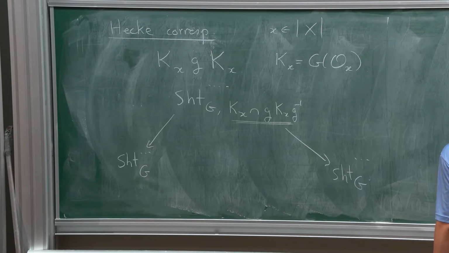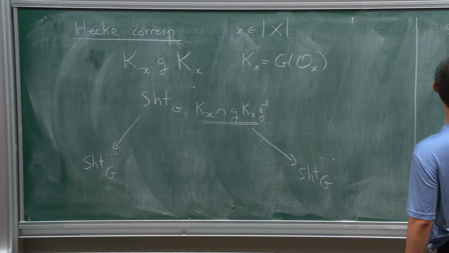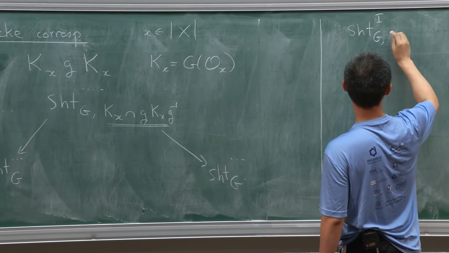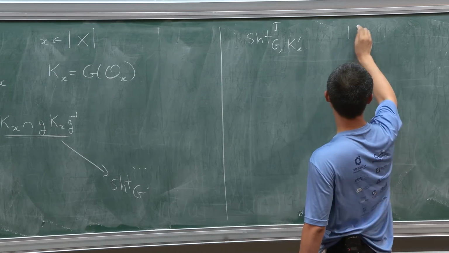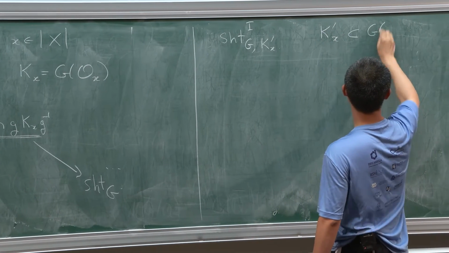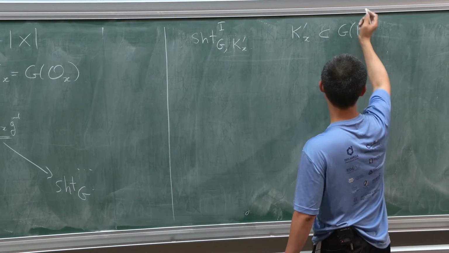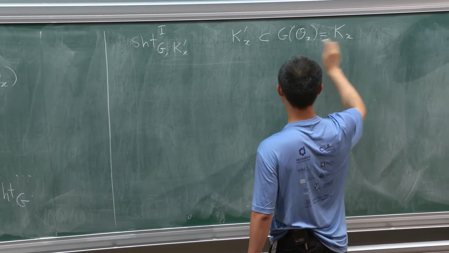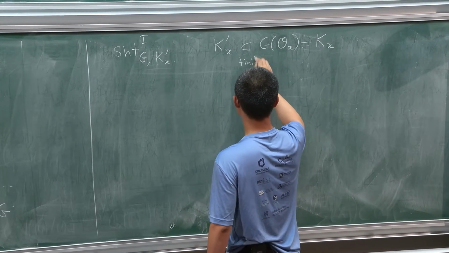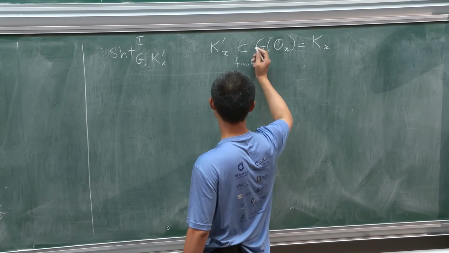So let's say I have some I and I have some level group. Let's, for simplicity, assume this is inside K_x, some finite index.